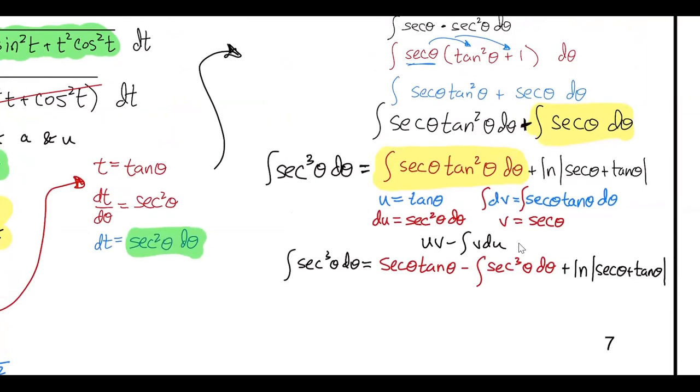But now I can add the negative secant cube theta d theta.